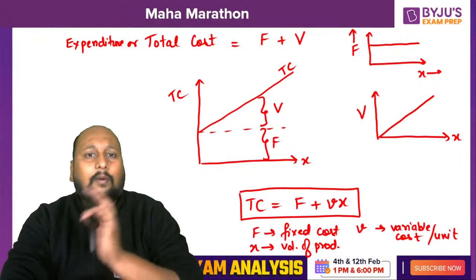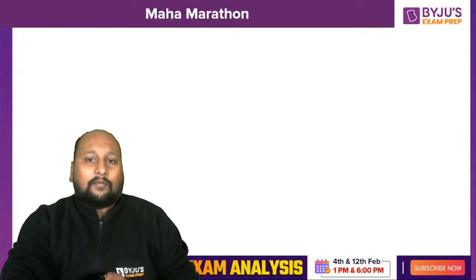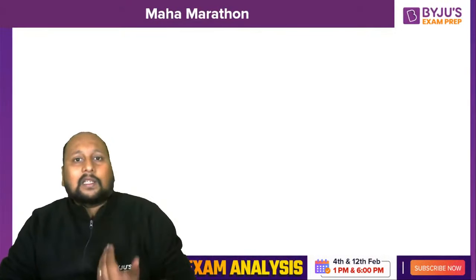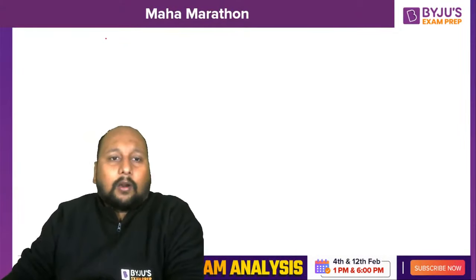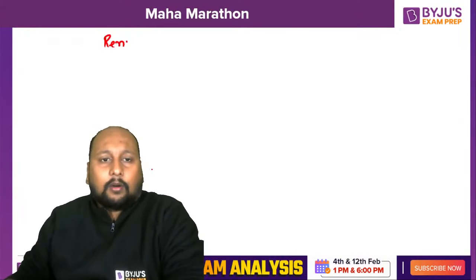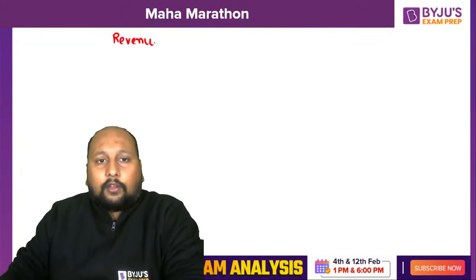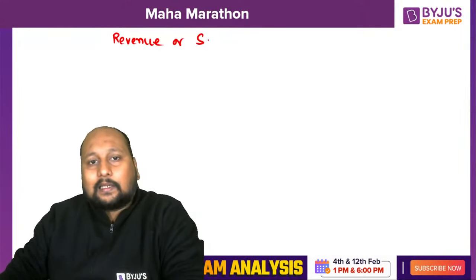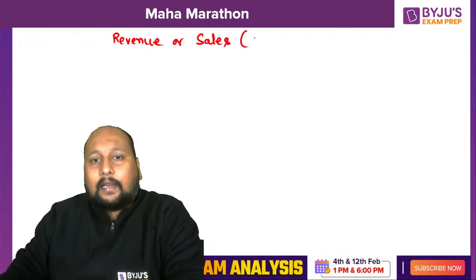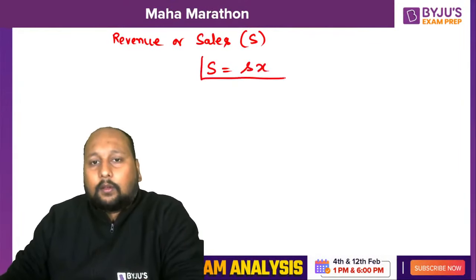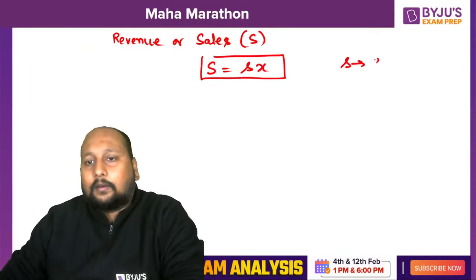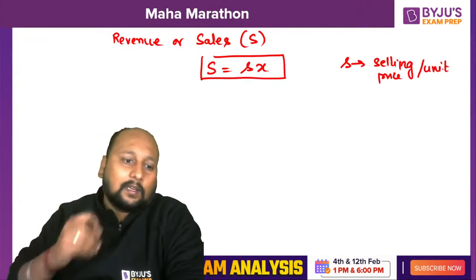Okay, now this is all about the total expenditure. Definitely we will also have some returns, some revenue. So if I talk about revenue, or we can say sales, which I denote as capital S, sales is equal to small s into x, where small s represents the selling price per unit and x is the volume of production.